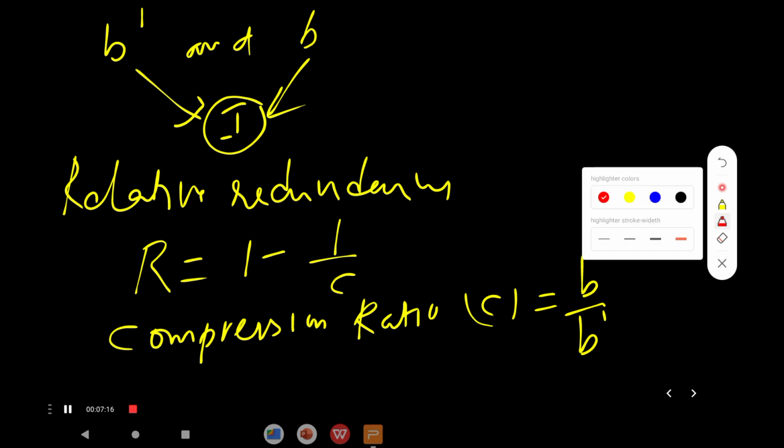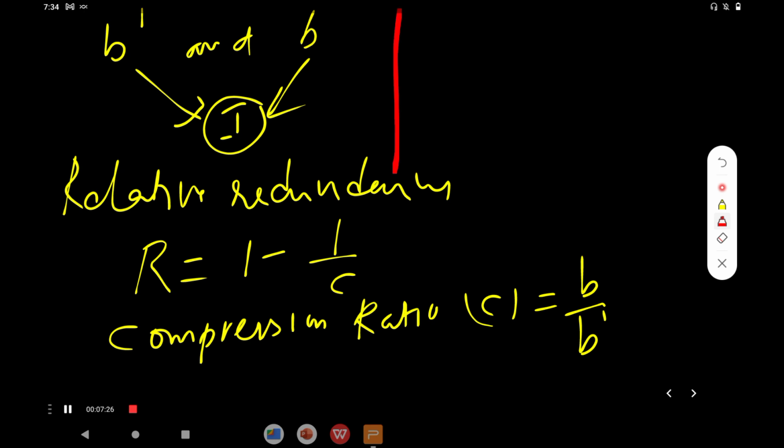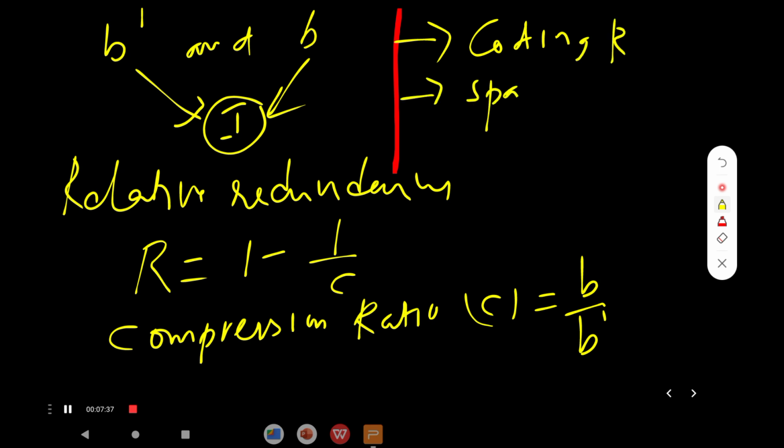In the case of redundancy in two-dimensional intensity arrays, data redundancies can be classified into three categories. The first one is coding redundancy. The second one is spatial redundancy, or temporal redundancy from the video point of view.